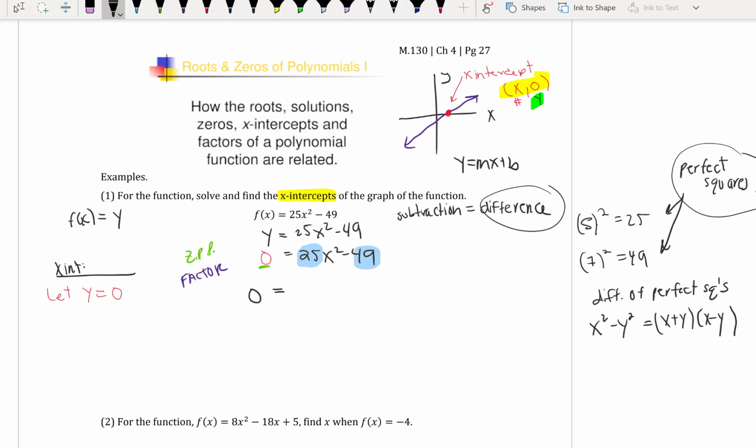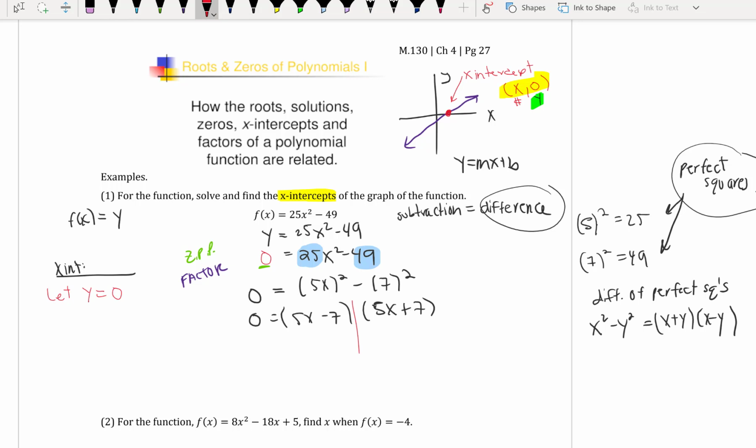Okay, so now you know that this is going to be my 5x squared minus my 7 squared, so that you have 5x minus 7 and your 5x plus 7.